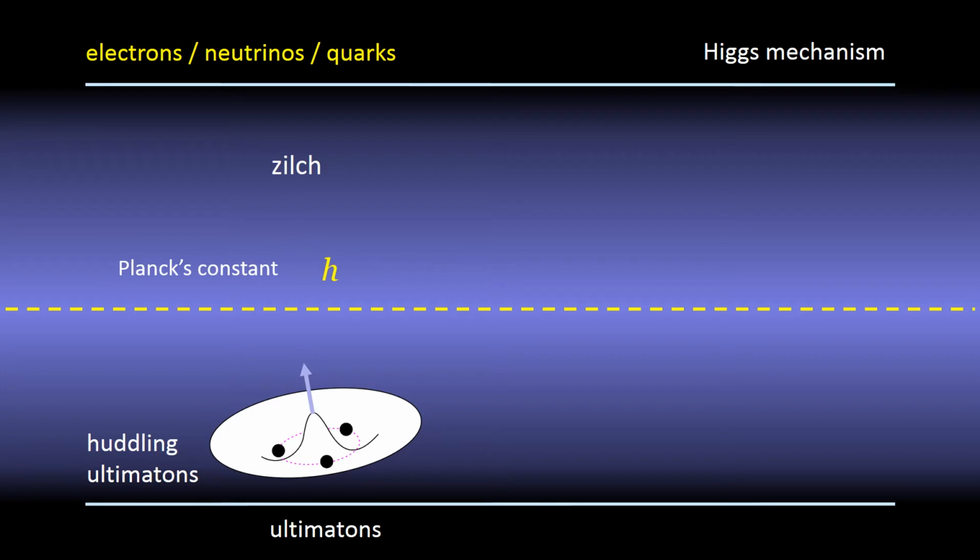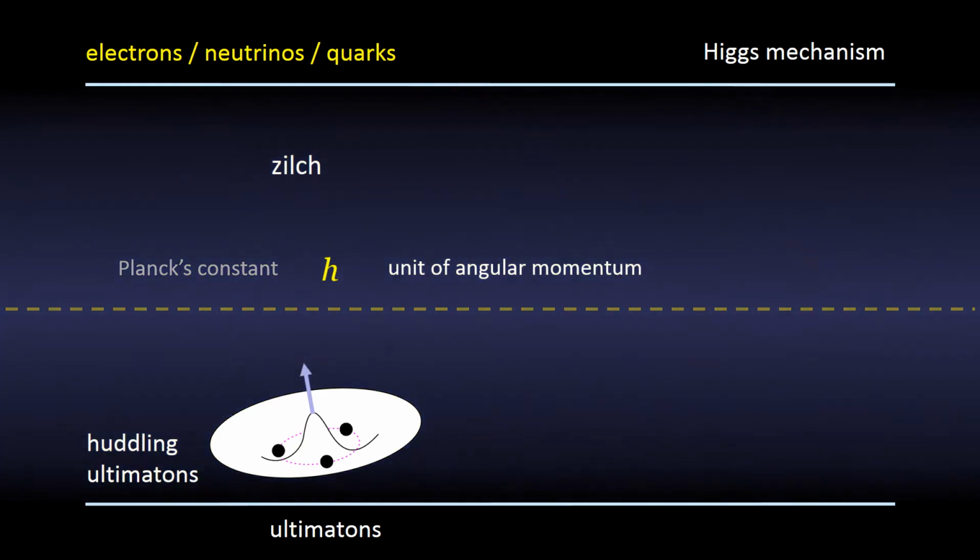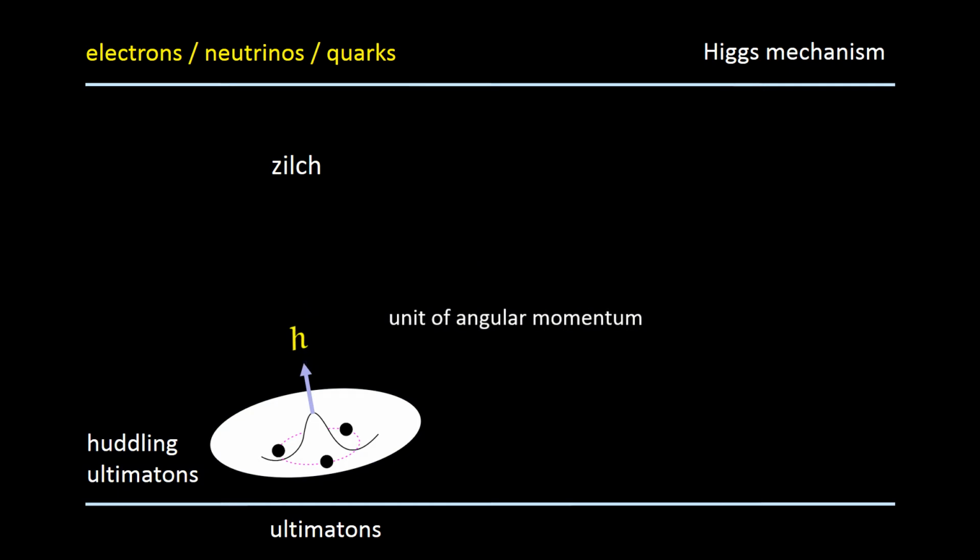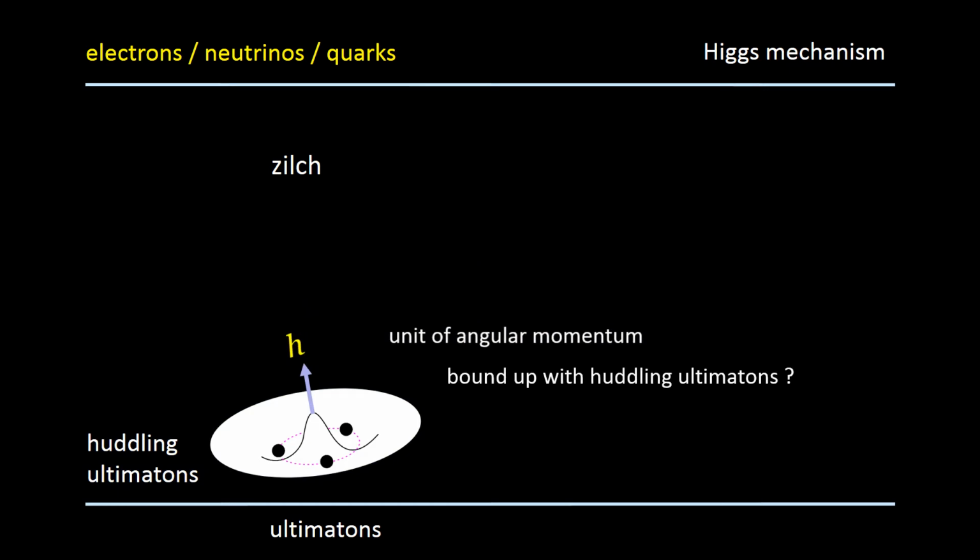In the standard model, we use Planck's constant to define the unit of angular momentum, one of those parameters we have to put in by hand. But in this ultimatonic scheme, Planck's constant becomes simply a measure of how this primitive spinner spins.